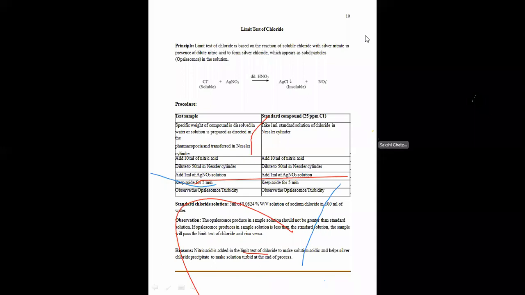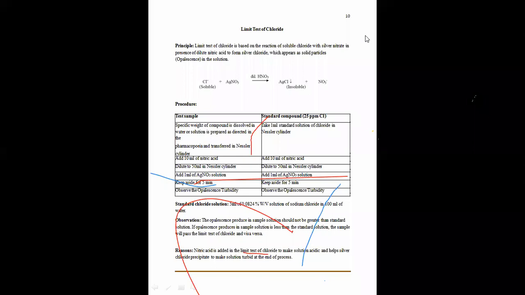So the chloride ion reacts with the silver nitrate solution in the presence of dilute nitric acid. There is formation of white colored solid particles. Now the presence of white colored particles in the water, that solution is known as an opalescent solution.